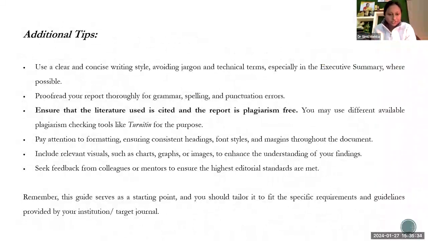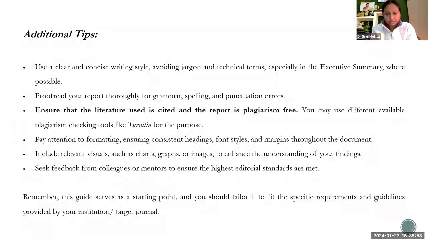Some additional tips will help you navigate the process smoothly. While this may be overwhelming, if you follow these step-by-step guidelines, it will be quite smooth and helpful. In the executive summary, please try to stay away from jargon and technical terms.